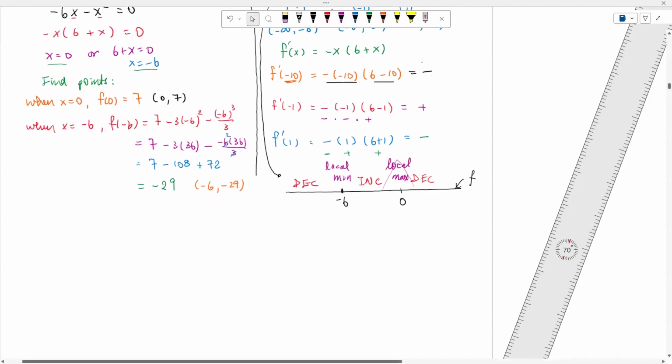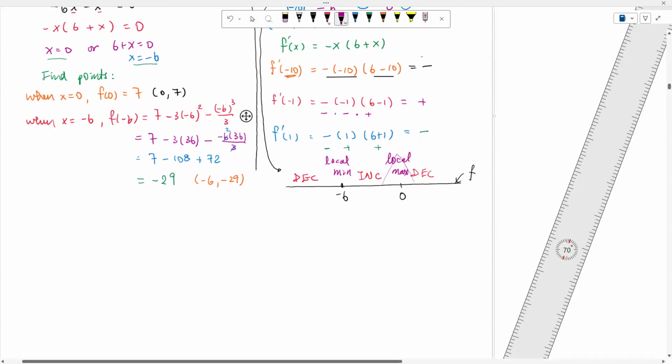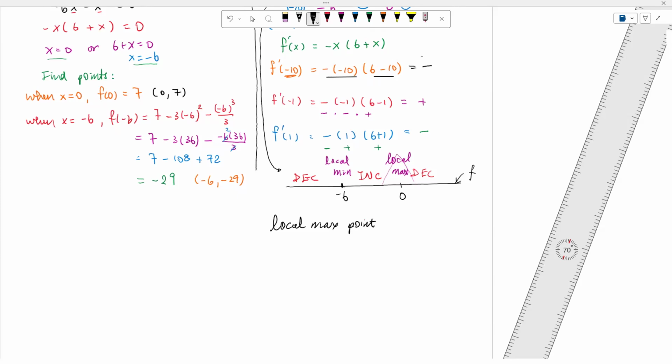So now we can make the conclusion. The local maximum point is at 0, 7. The local minimum point is at negative 6, negative 29.